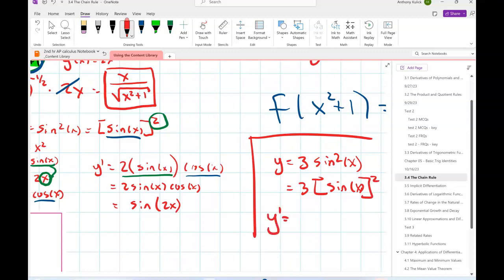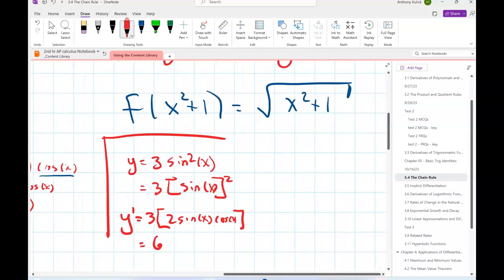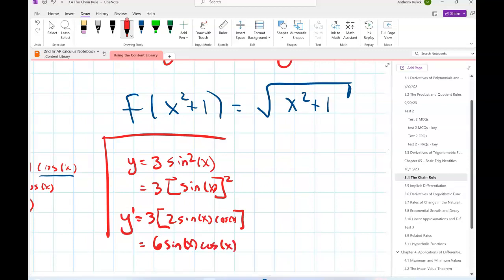So our y prime would just be 3, and then our answer from before. Yeah, we can treat it just like a coefficient, just like we do for all of our other derivatives. Okay. Does that feel good? That's what you wanted, right? Okay.